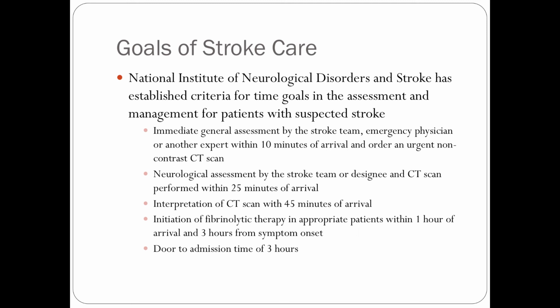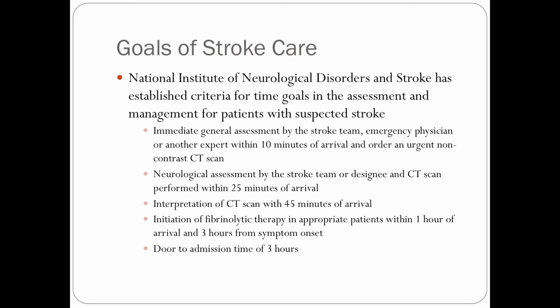If it's a TPA patient, they can also start the administration before they even get to the hospital. So you can see how much time they're going to cut, 10 or 15 minutes off the hospital. That's huge when you're considering that the stroke might be proliferating. The longer we let it go, the more damage is being created. Interpret the CT scan within 45 minutes of arrival.